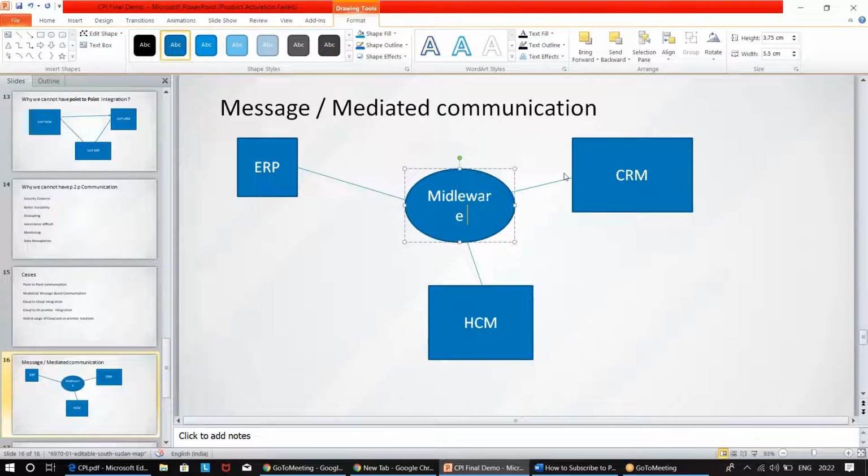Just to tell you one more important point, once we start with integration there are different kinds of concepts. For everything we have standards, so we definitely have enterprise integration patterns. There are different standards in integration that you should definitely know if you are trying to go for a good architect position, which are very frequently used.